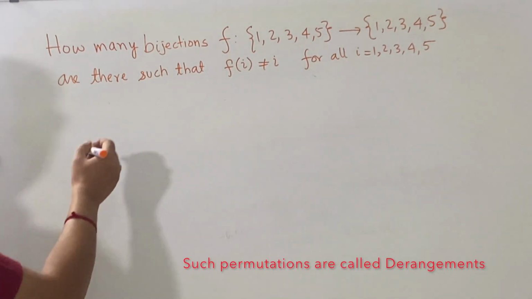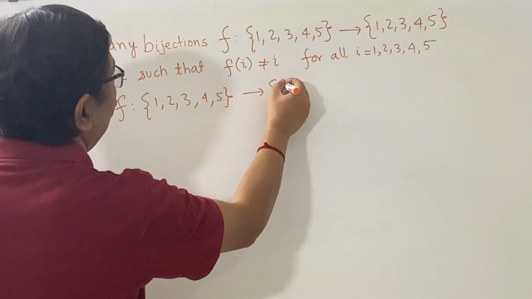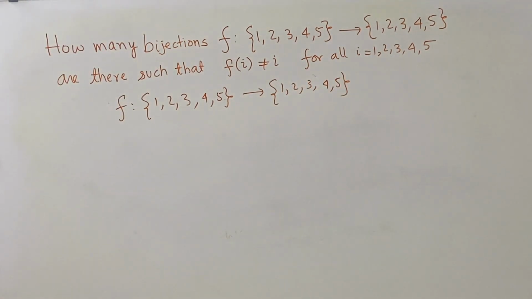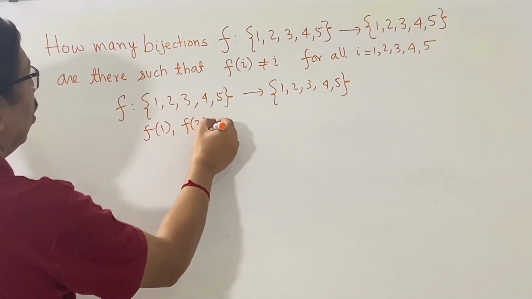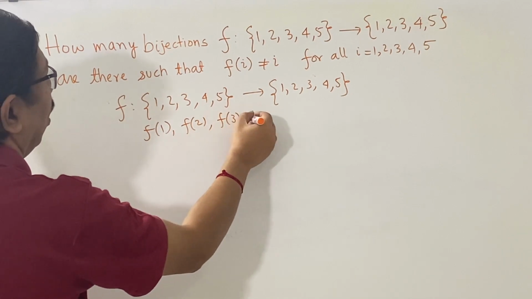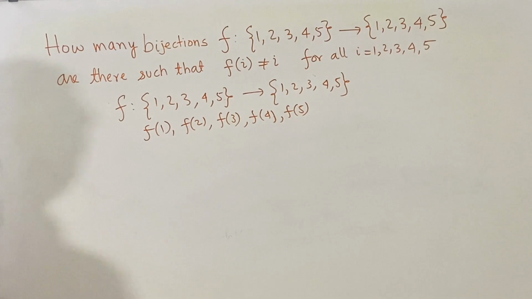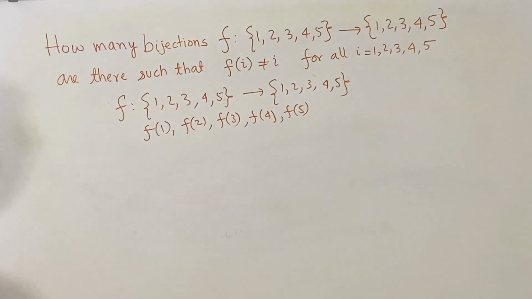Now, if we have a bijection from {1, 2, 3, 4, 5} to {1, 2, 3, 4, 5}, then this essentially is a permutation. So f(1), f(2), f(3), f(4) and f(5) are a rearrangement of 1, 2, 3, 4, 5, and hence we can think of it as a permutation of 1, 2, 3, 4, 5.